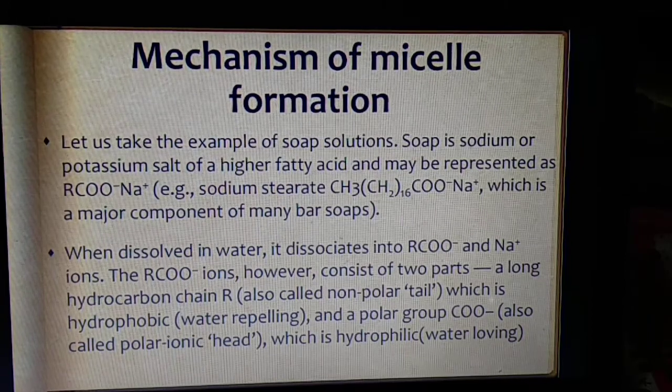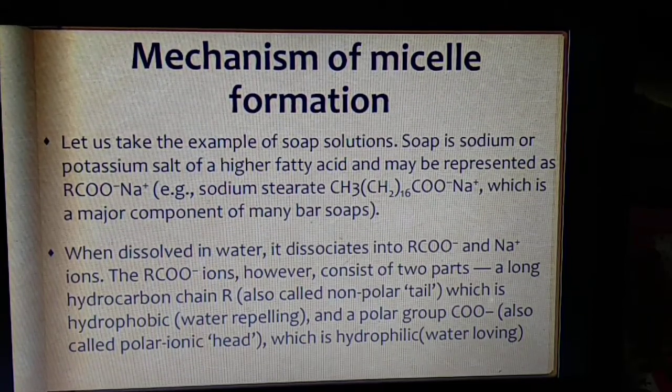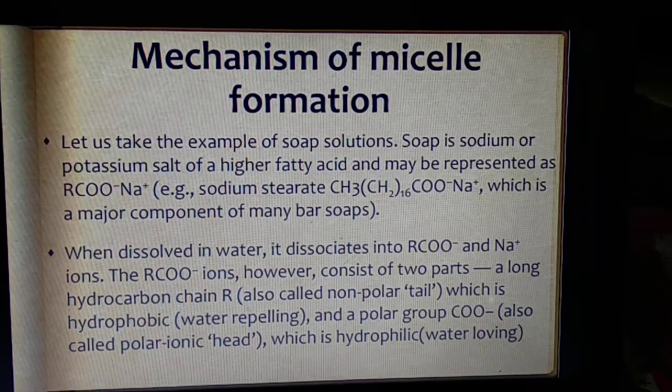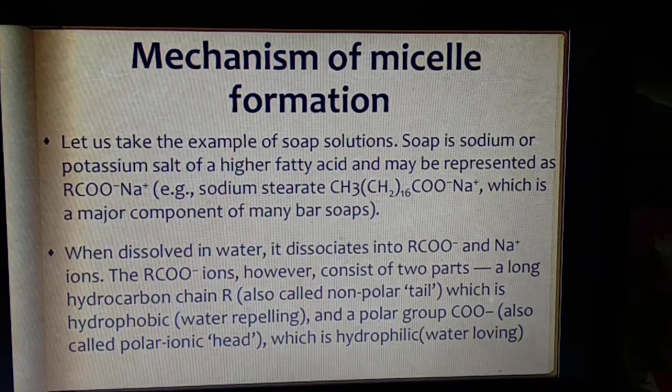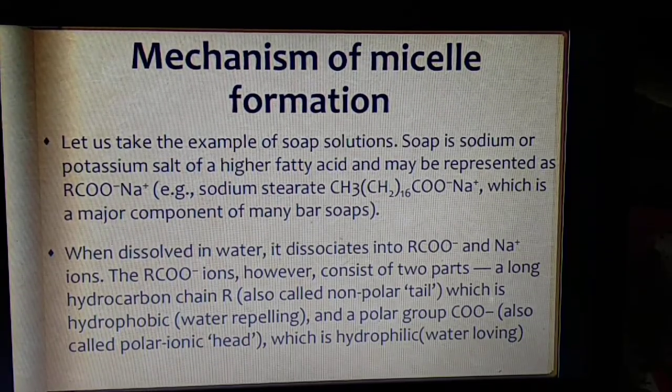Mechanism of micelle formation. Let us take the example of soap solutions. Soap is the sodium or potassium salt of a higher fatty acid and may be represented as RCOO⁻Na⁺, for example sodium stearate, which is a major component of many bar soaps.